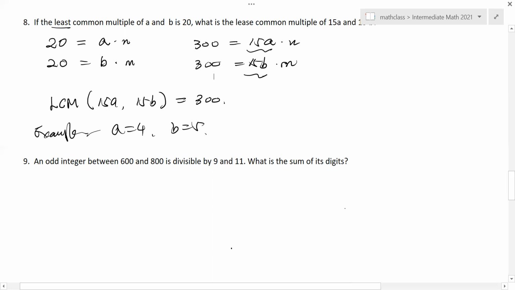So please work out this problem. Does anyone have an answer?